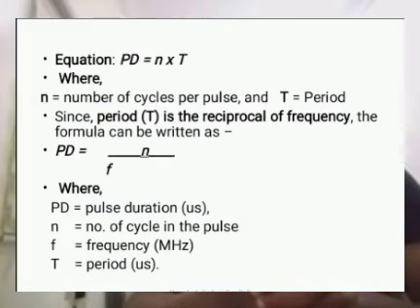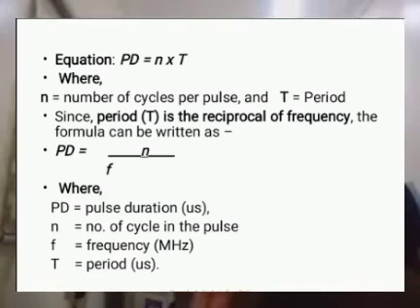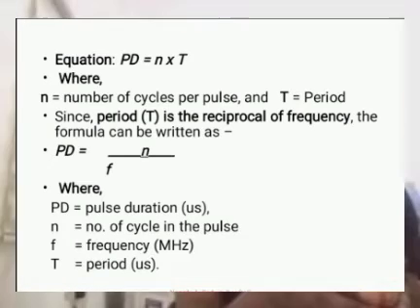The pulse duration equation here shows number times T, where the number means number of cycles per pulse, how many cycles are in a pulse. Remember, I said we should just peg it at 3, times T. T is the period.